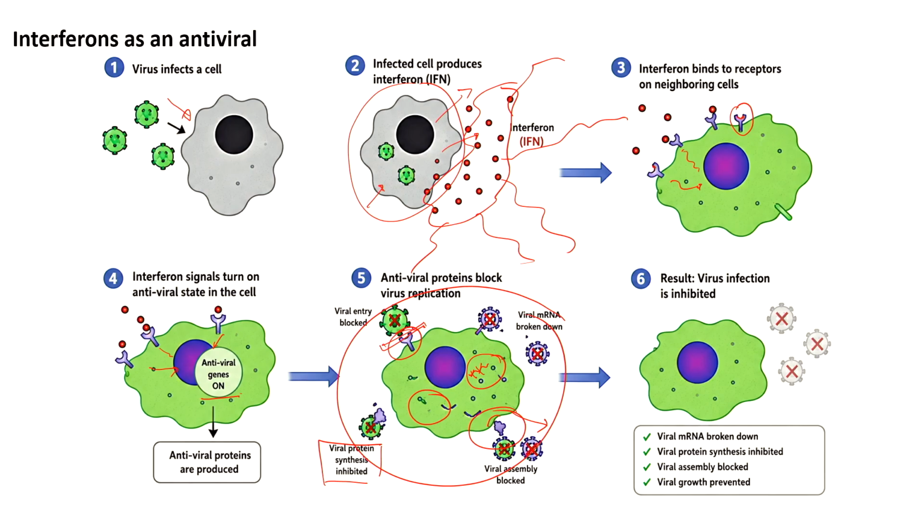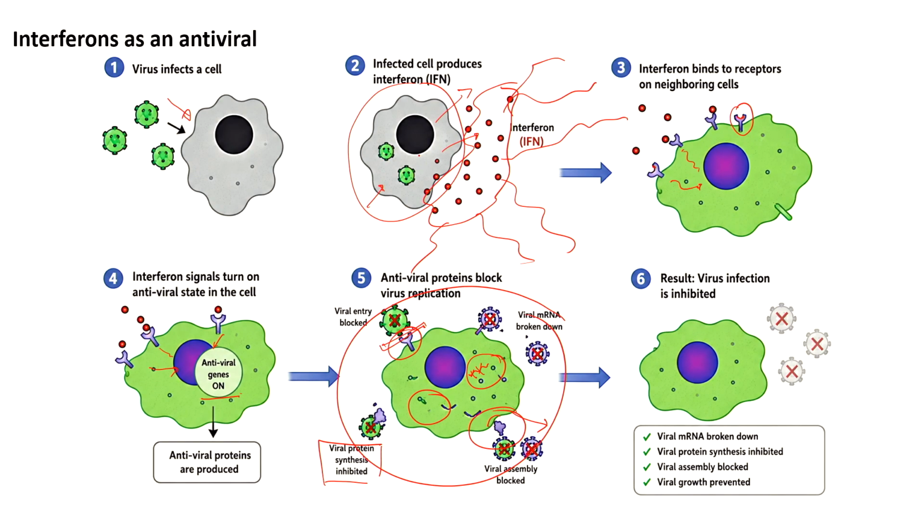So what we are trying to understand is a protein called interferons. These are produced non-specifically upon a virus infection. Once they are produced, the cells which are producing those interferons are actually going to die because they are already infected with the virus.